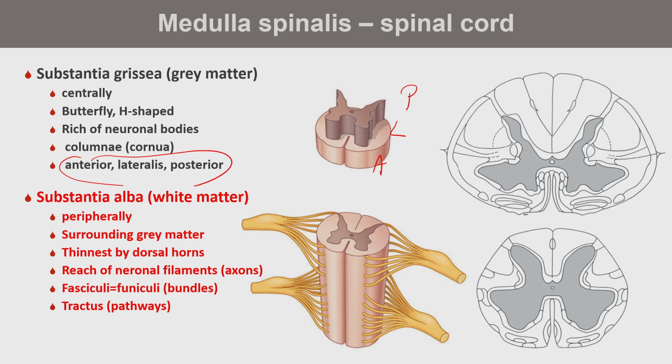The white matter is surrounding gray matter, and the thinnest, and this is very important, is between the surface of the spinal cord and dorsal horns.